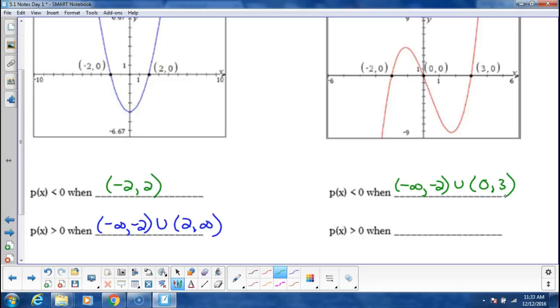They look like points, yes, okay, but they are not points. P of x is above the x-axis from negative 2 to 0 and from 3 to positive infinity. Good on those two.